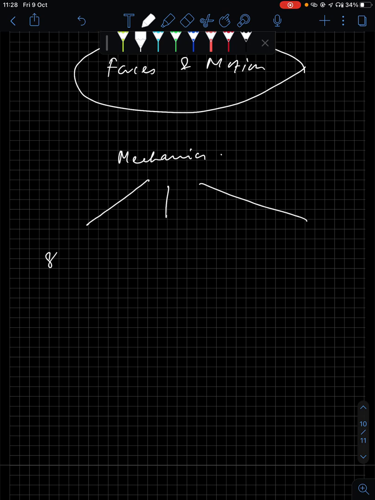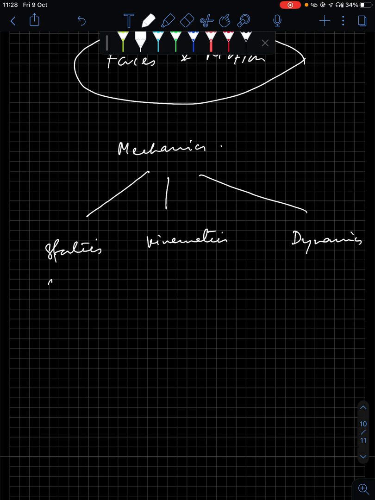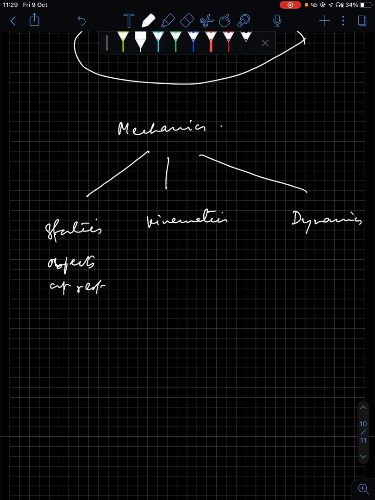One division is statics, the other is kinematics, and the third is dynamics. In statics you study about objects at rest. Examples will be studying the structure or the design of buildings, bridges, etc.